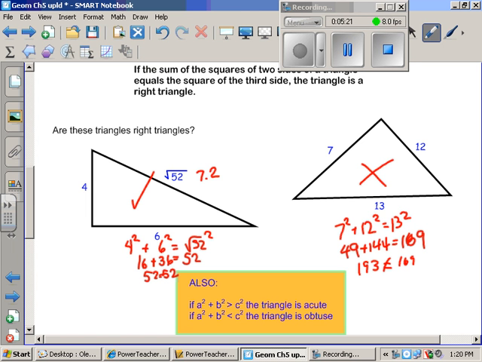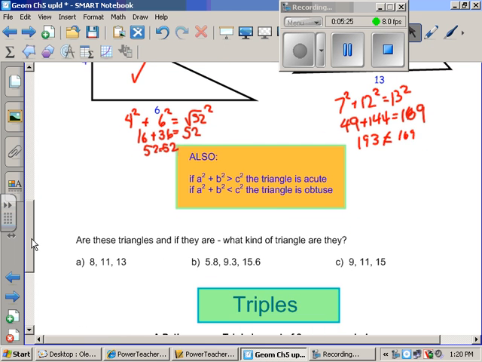Okay? And there's one other really handy thing to use with the Pythagorean theorem, and that is it can also tell you if it's an acute or an obtuse triangle.